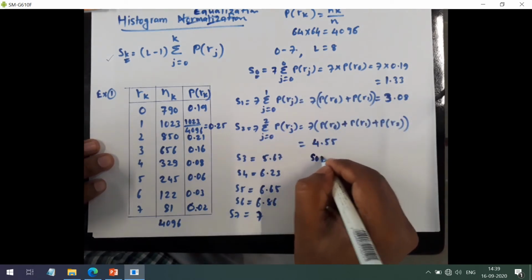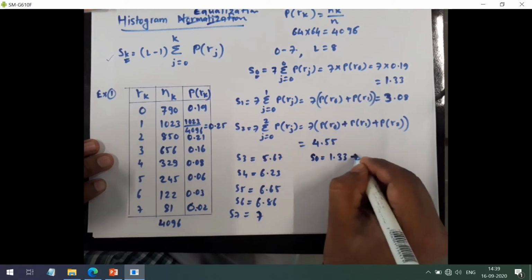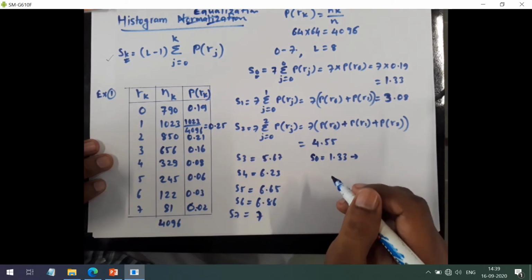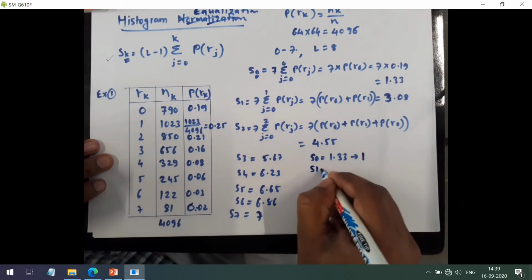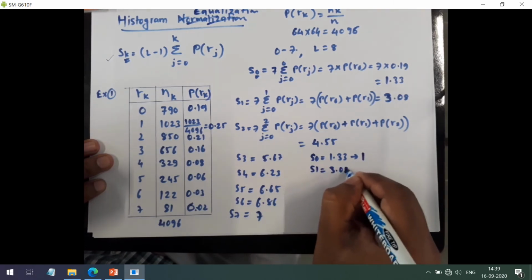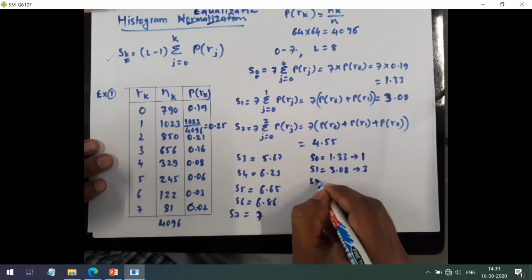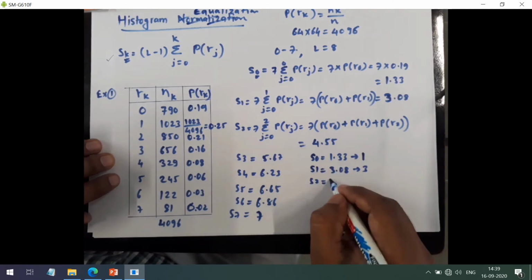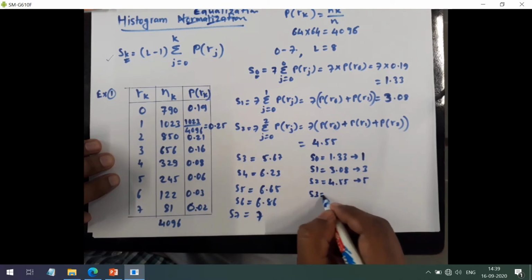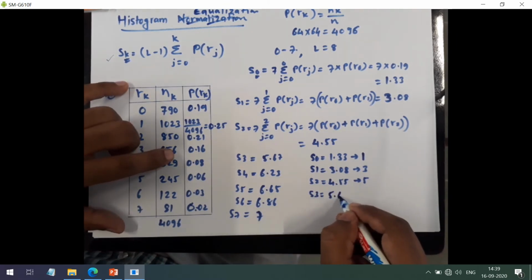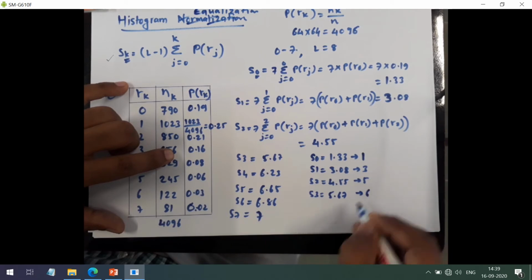So S0 is 1.33, which we have to change to the nearest integer, so it will become 1. S1 is 3.08, which will become 3. S2 is 4.55, which will become 5. S3 is 5.67, which will become 6.